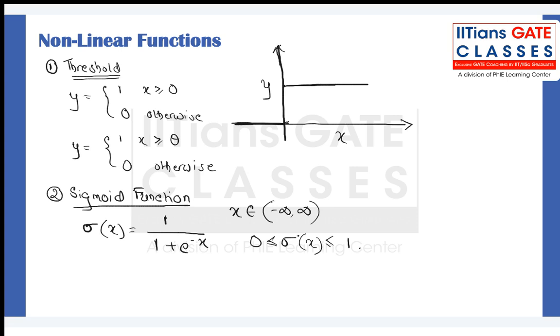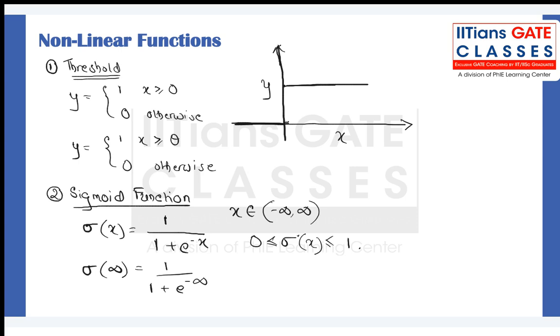If you put the value of x as infinity into this expression, then what will be sigmoid of infinity? 1 by 1 plus e to the power minus infinity. And e to the power minus infinity is 1 by e to the power infinity, and e to the power infinity is such a huge number that 1 by that is nothing but 0.